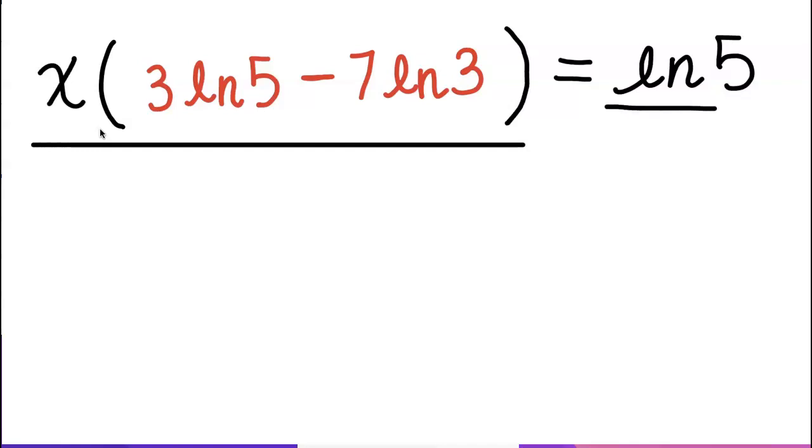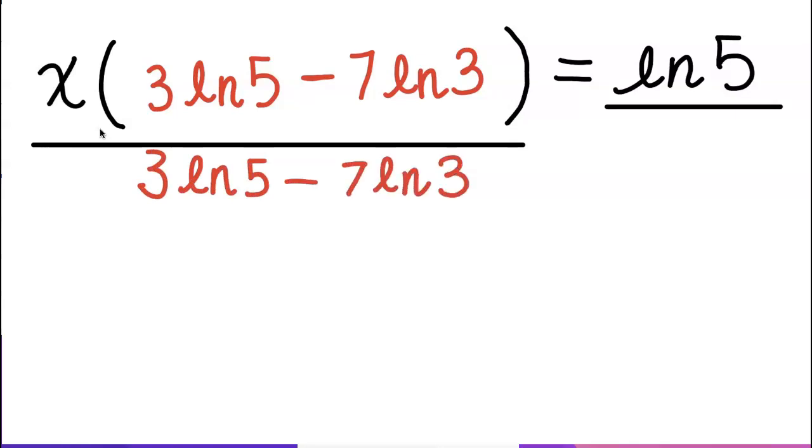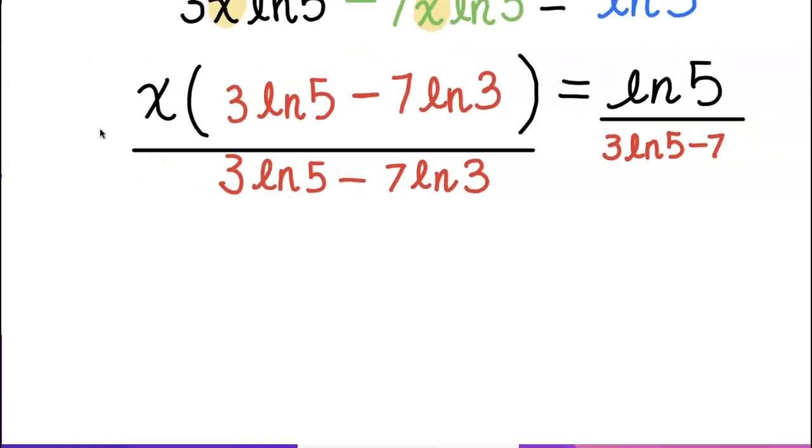So we're dividing both sides by 3 natural log of 5 minus 7 natural log of 3. And when you divide the left side by that, we must divide the right side by the same thing. So I'm writing that on the right-hand side. Okay, so we got the answer. The left side, everything cancels out but x.